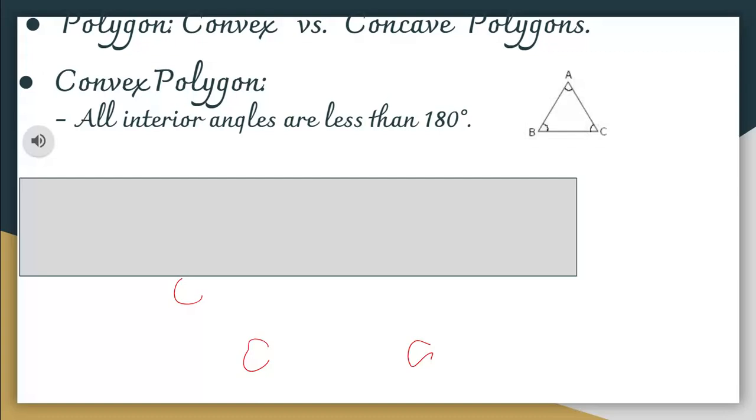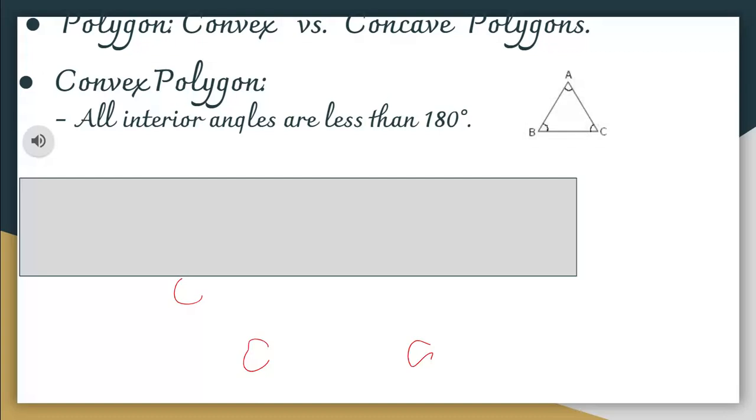Of course, because they are even less than 90 degrees. We already learned the angle sum property: the sum of all interior angles of a triangle is 180 degrees, isn't it? So here all of them are less than 180 degrees.